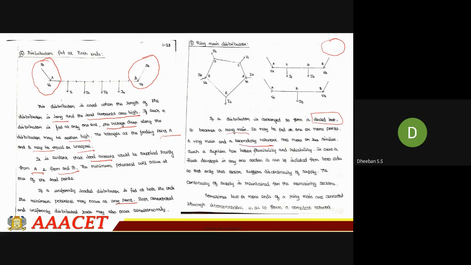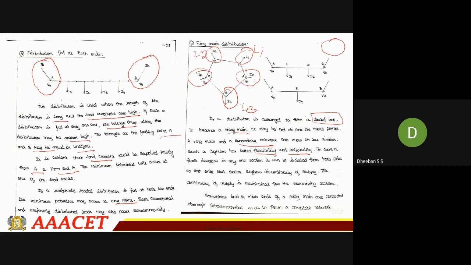Such a system has better flexibility and reliability. Here IA is feeding and IB is feeding, and I1, I2, I3 are nothing but your loads, L1, L2, L3.